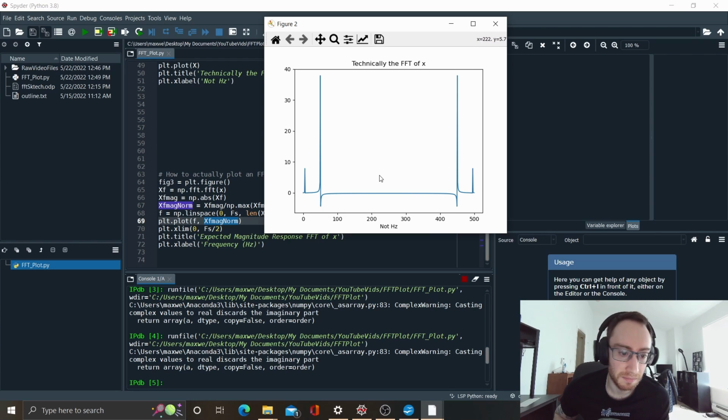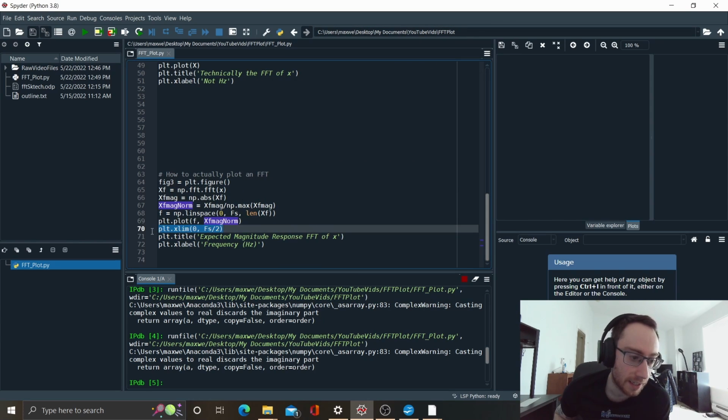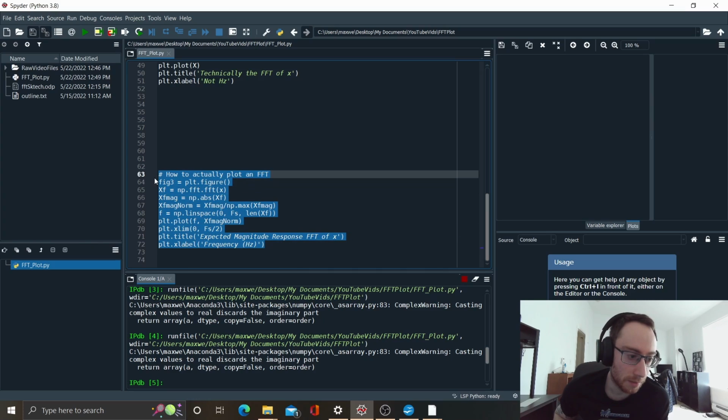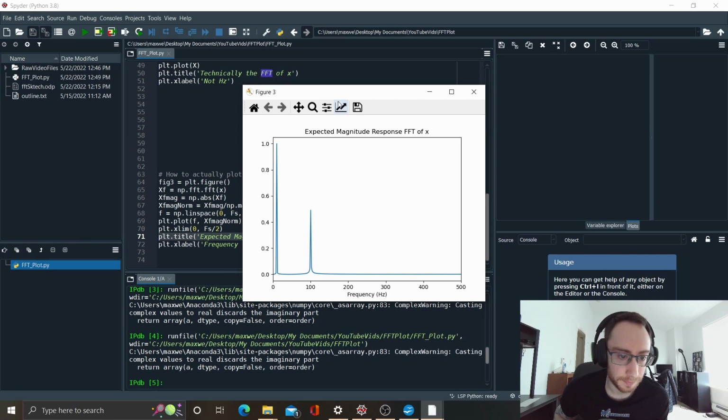This is just a mirrored artifact of the data. We really just want to plot from 0 to the highest frequency we can detect, which is 500 hertz. So the last thing we're going to do is limit our x-axis. Instead of going from 0 to our sampling frequency, we just want to go from 0 to half of our sampling frequency. And when we run this code and follow these extra steps, we should get a plot like this.